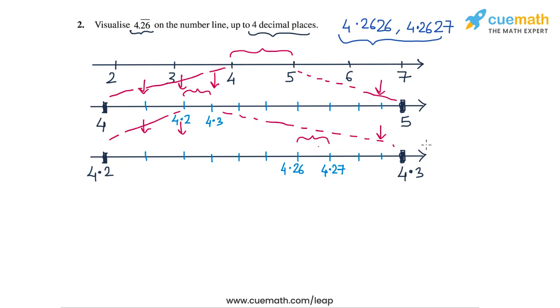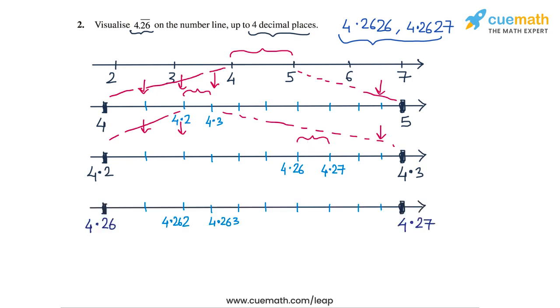When we magnify this interval, this is what I get, 4.26 to 4.27. I can see the markers for 4.261, 4.262, 4.263 and up to 4.269.